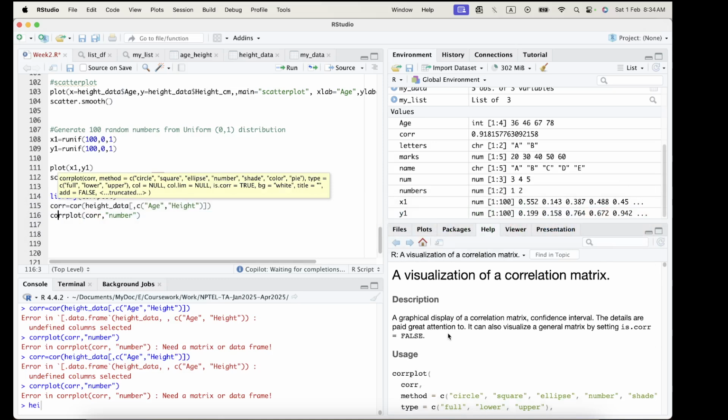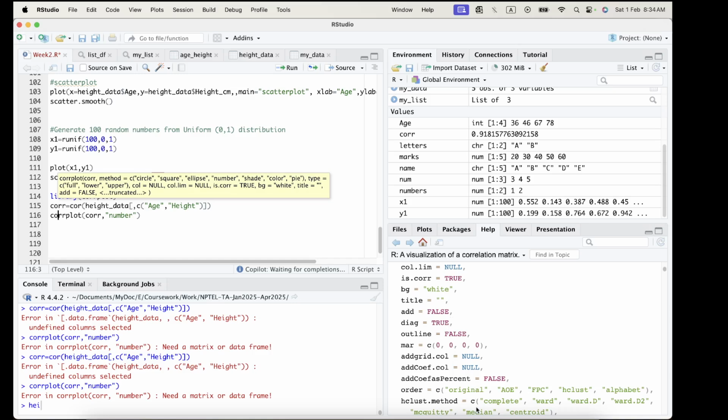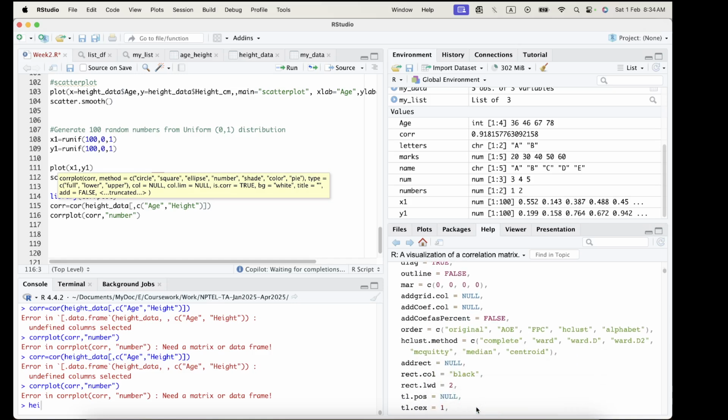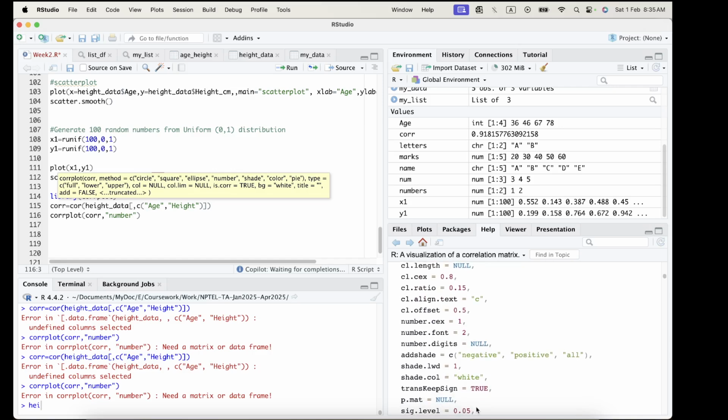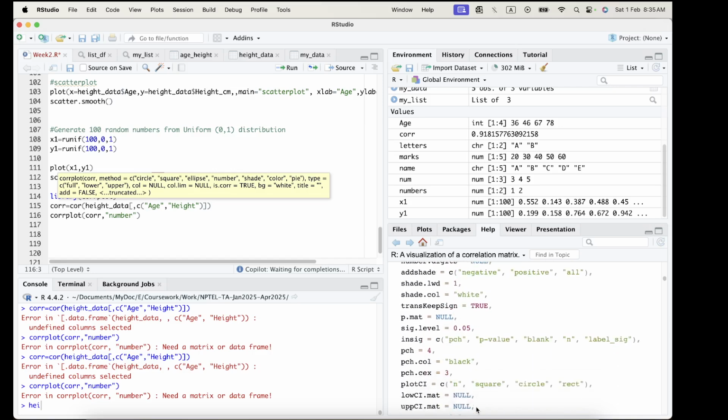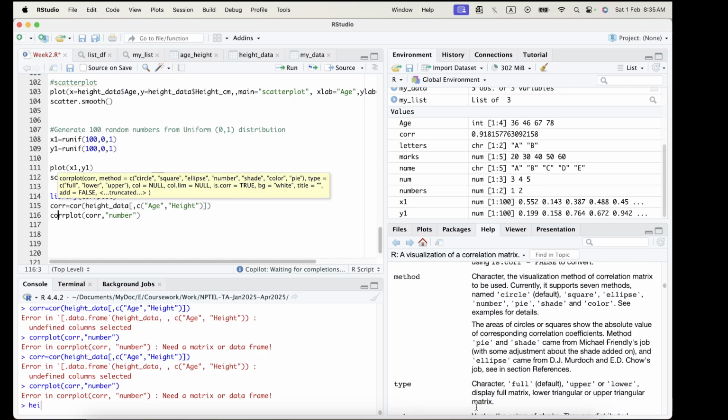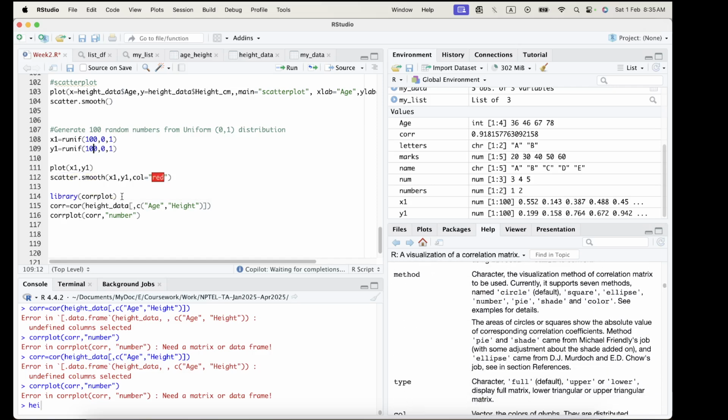So if I do have a correlation matrix, then that will happen if I have more than two variables. So yes, let me just find out.